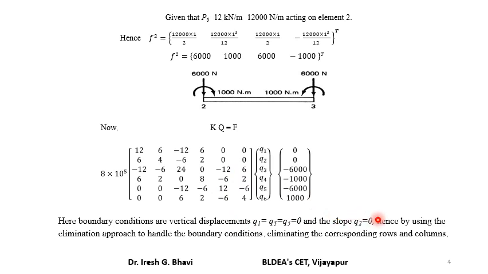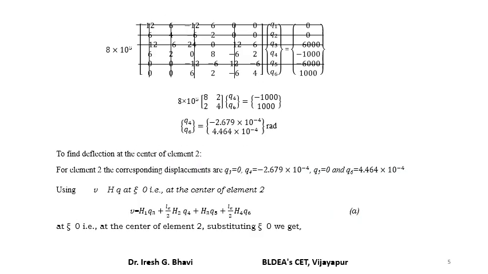Hence by using the elimination approach, we eliminate the first row and first column corresponding to q1 equal to 0, then the third row and third column corresponding to q3 equal to 0, then the fifth row and fifth column corresponding to q5 equal to 0, and the second row and second column corresponding to q2 equal to 0.